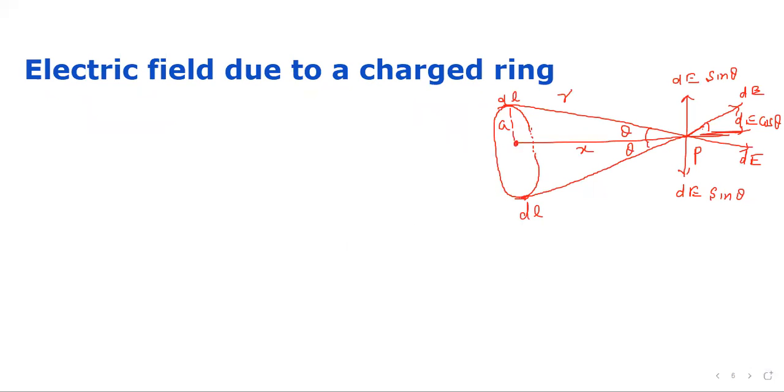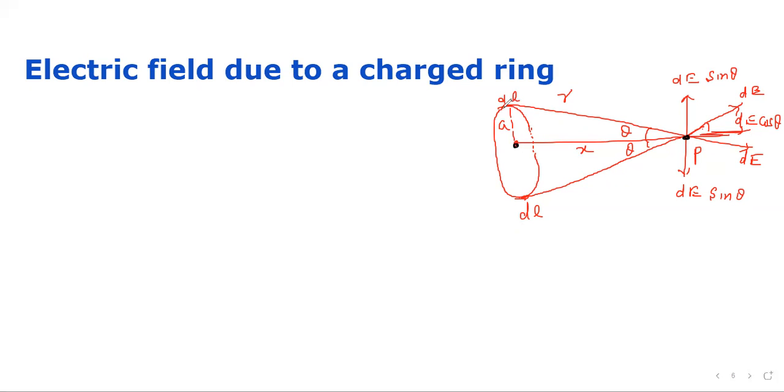Now, let's see the electric field due to a charged ring. This is a charged ring placed perpendicular to the x-axis, and this is the center. The radius of the ring is a, and the charge is distributed over its periphery. We have to find the electric field due to this ring at point P, which lies on its axis.